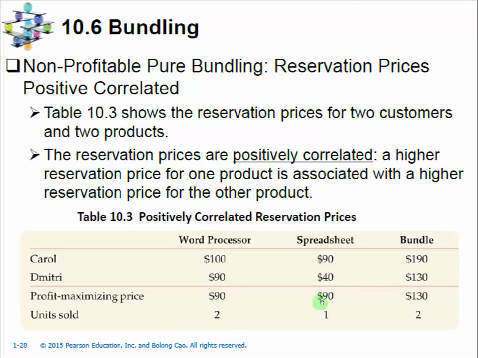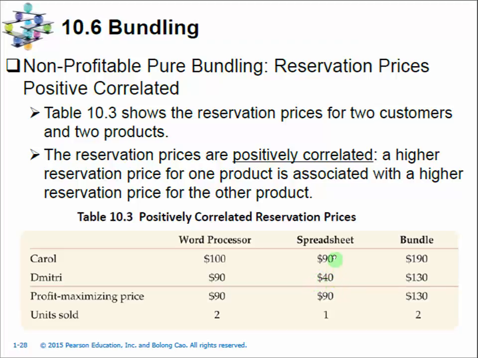But here, if we set the price equal to $40, we can only bring in $80 in total. However, if we set the price for the spreadsheet at $90, we can bring in $90.